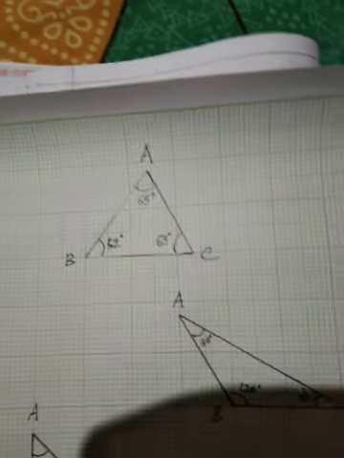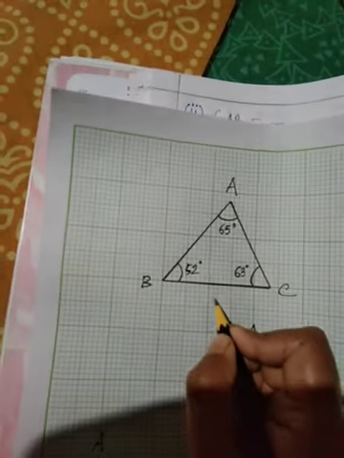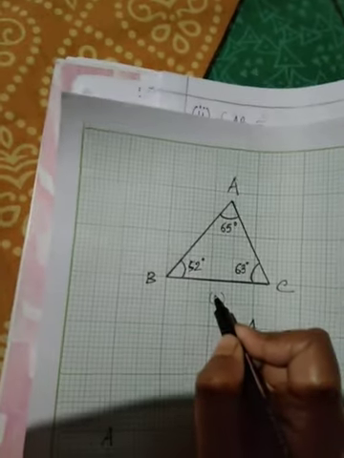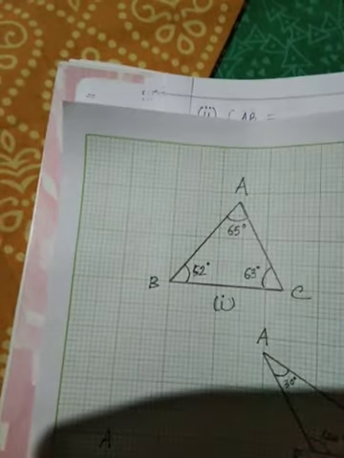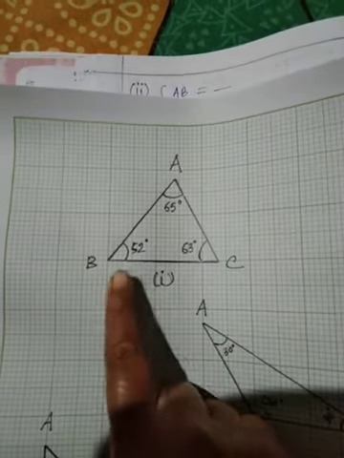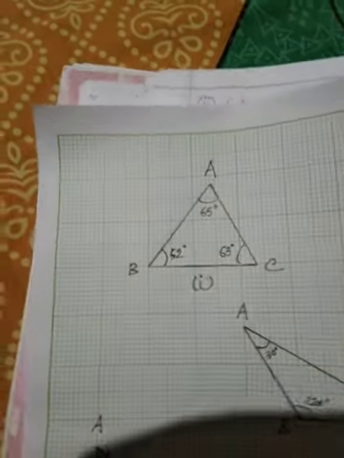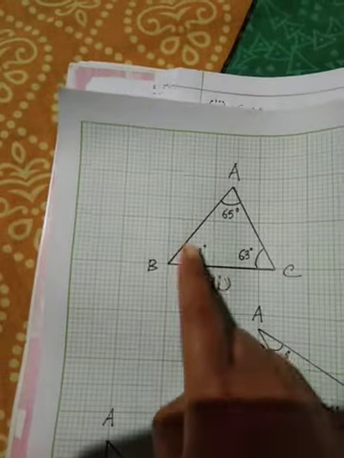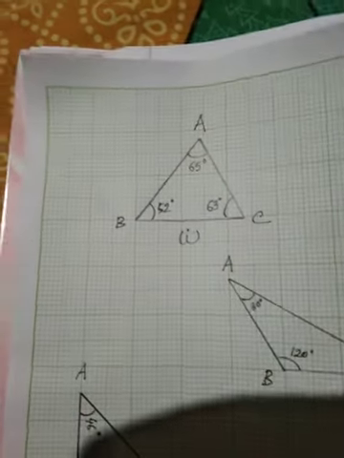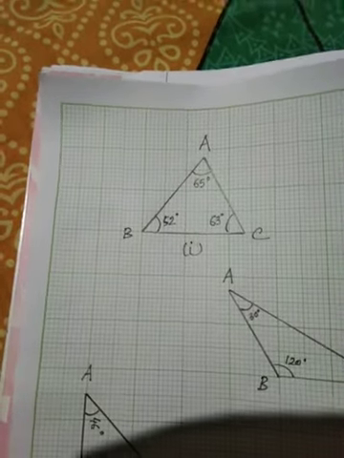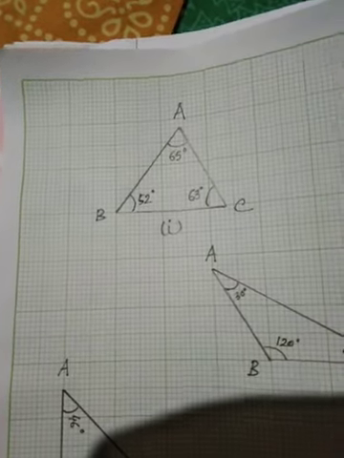Now after measuring the first triangle, I have got angle A equals 65 degrees, angle B equals 52 and angle C equals 63. See, all these 3 angles are less than 90 degrees. So which type of triangle is this? On the basis of angles, that part also you have to write in the observation part.